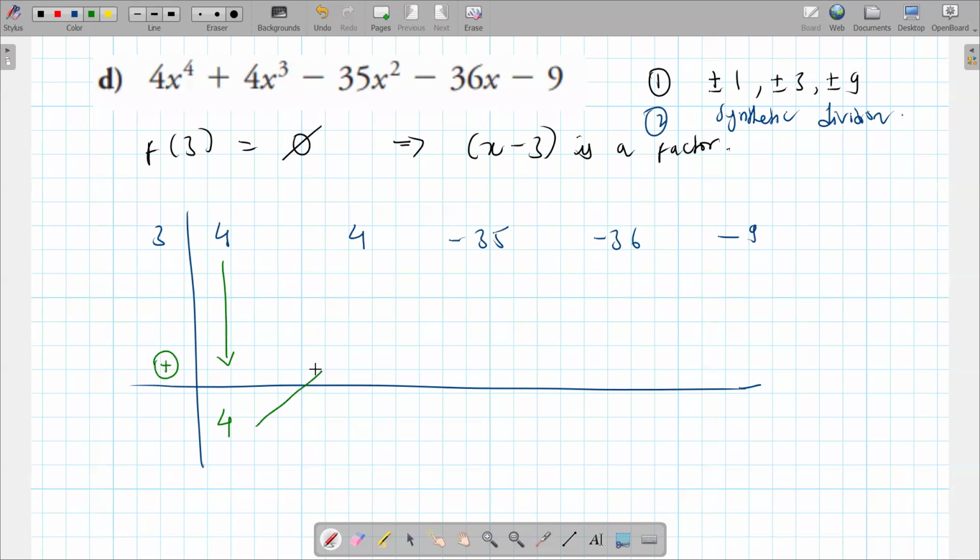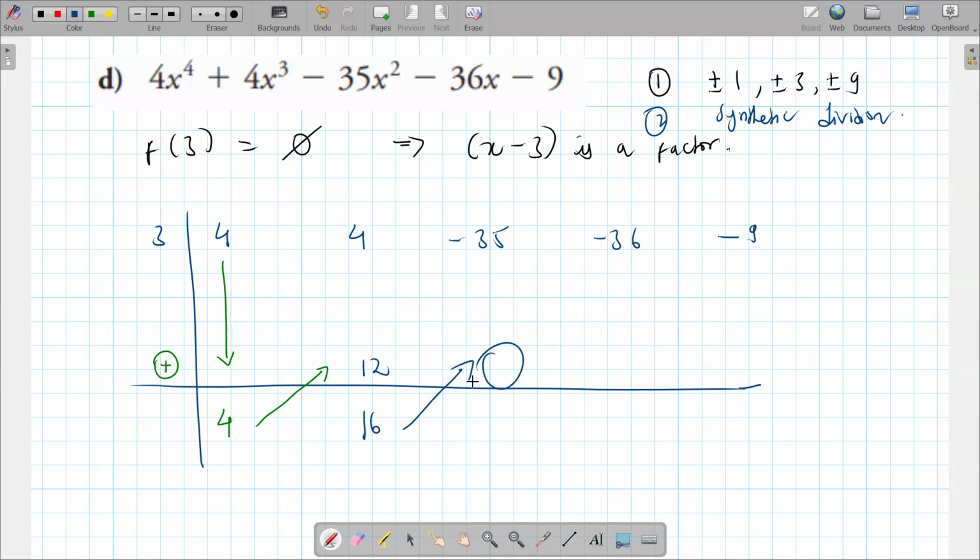And then the next number goes over here. The next number is going to be your divisor times the number down here. What goes here? 12. And then in synthetic division, instead of subtracting, we add. What goes here? 16. 4 plus 12.